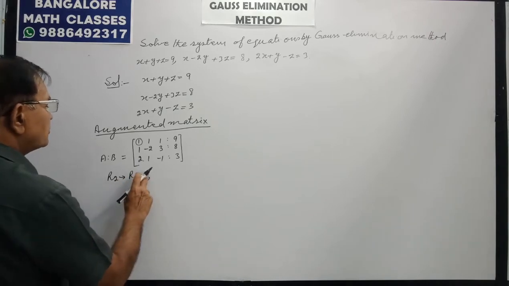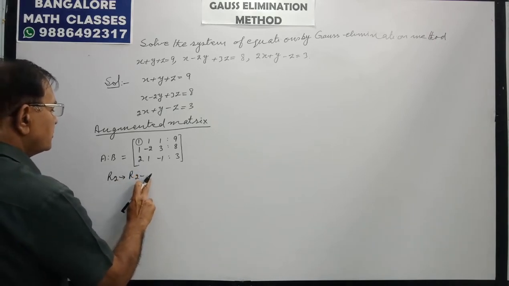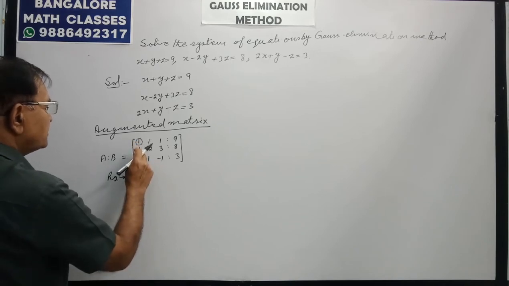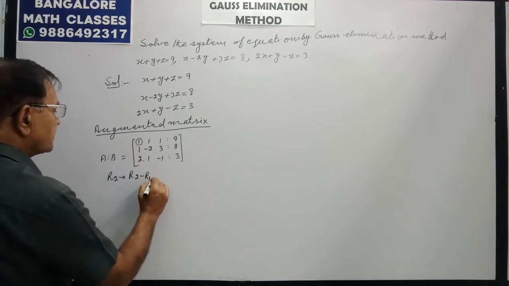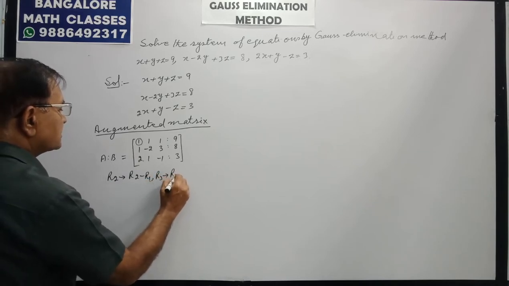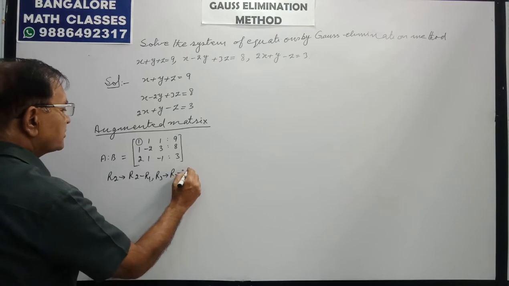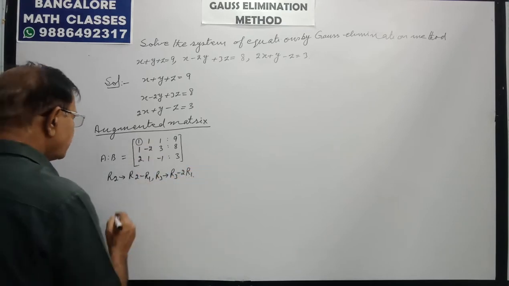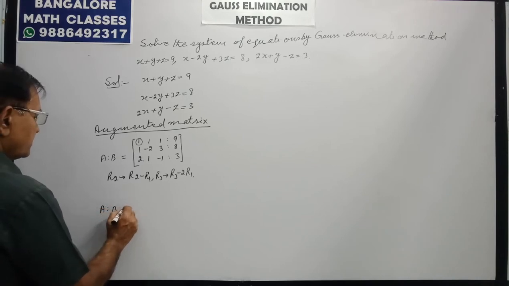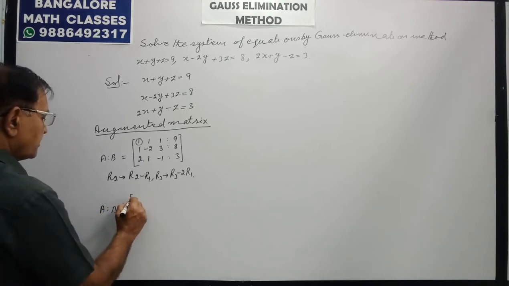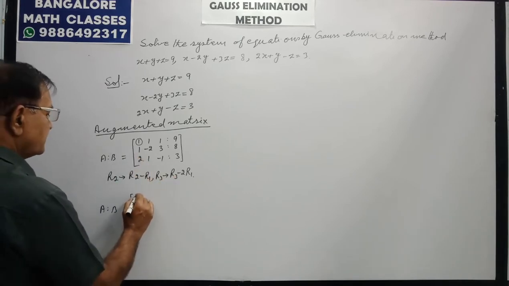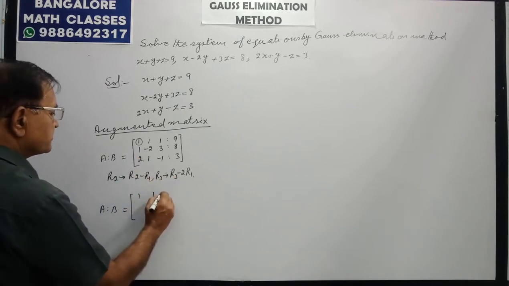So R2 to R2 minus R1, and R3 to R3 minus double of R1, to get zeros below these entries. Do it carefully, here students make mistakes. I am silent about R1, so write down R1 as it is.